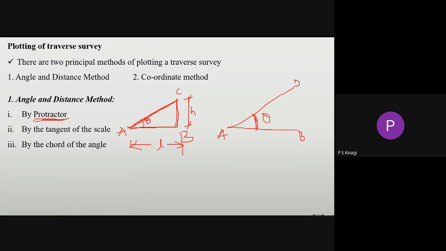After drawing this arc, that point we consider as small b. Now with B as the center, we draw the AD line. That's why we consider a convenient radius R, with A as the center, to draw the arc.